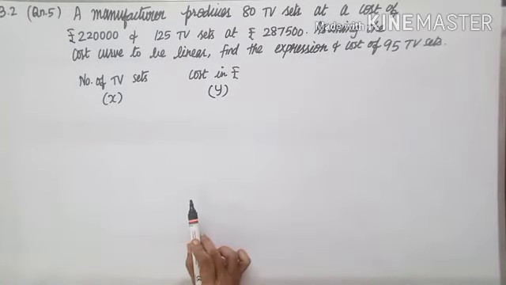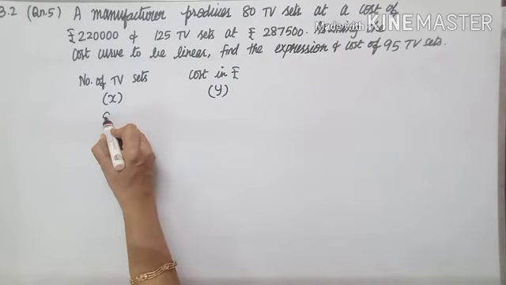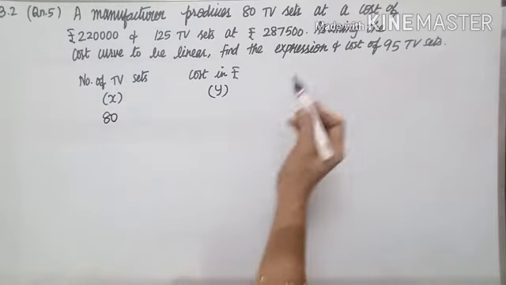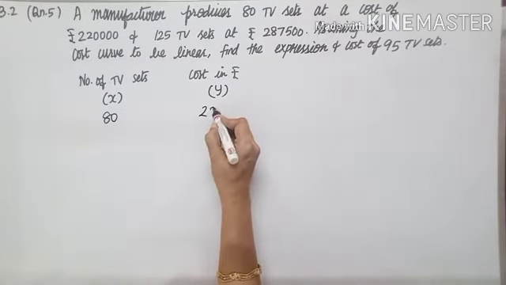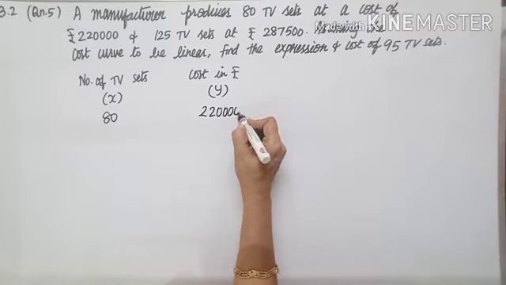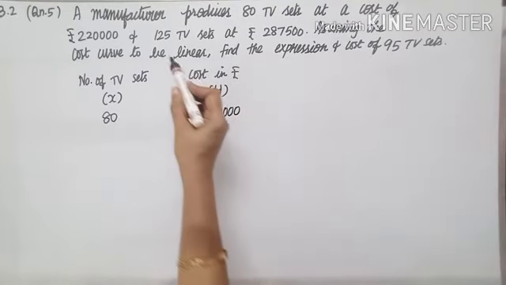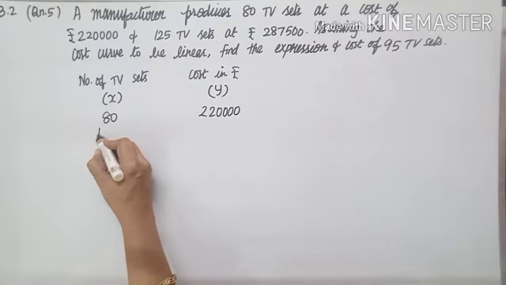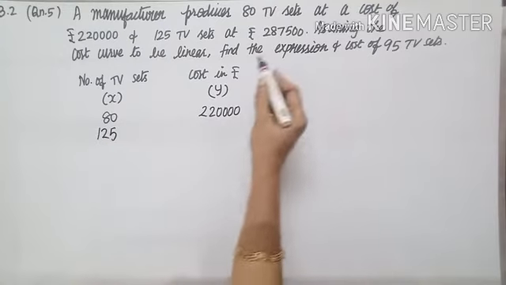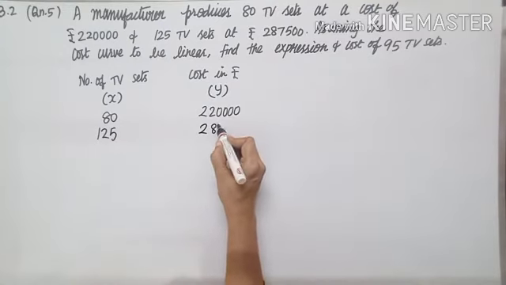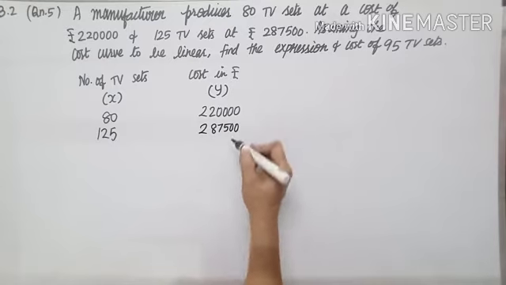First line tells 80 TV sets. So this is 80. Cost is 2,20,000. That is y. Second line says 125 TV sets, which is x, and the cost is 2,87,500, which is y.